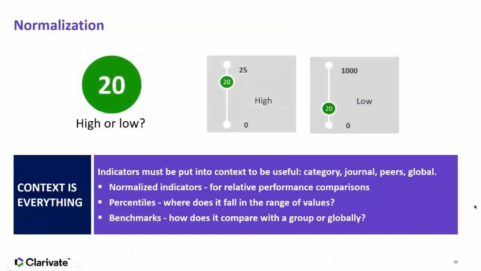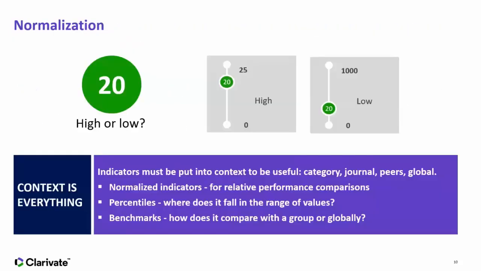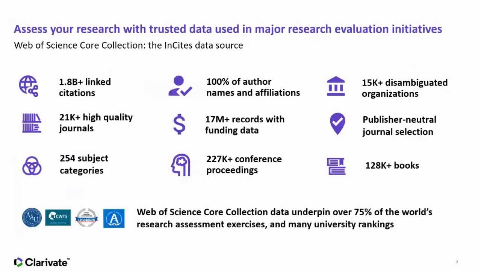What do we mean by normalization? We mean that it's important to compare apples with apples and pears with pears. It's important to get to know the context before we interpret the numbers. We see here this nice design explaining, well, how can I know if 20 is a good number or a bad number? Well, it all depends on my scale. It all depends on the context. I need to know that context.